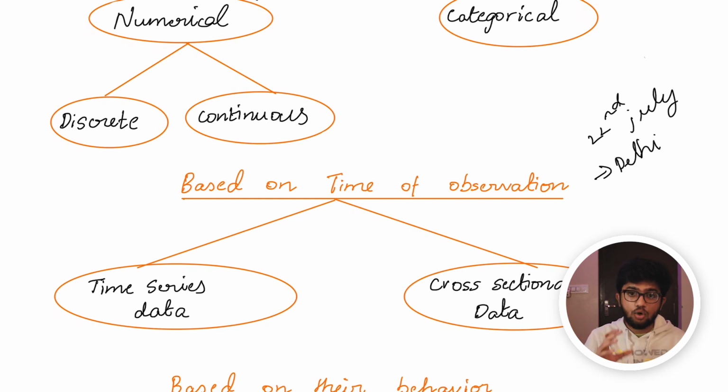So the entity on which we are measuring remains the same. Here the case is Delhi, but the time at which the observation is made differs. Like we will measure the weather at 10 a.m. in the morning, 12 in the afternoon, 5 o'clock in the evening, and 10 o'clock at night. So here the entity remains the same, but the time of observation varies. Such kind of data points are referred to as time series data.